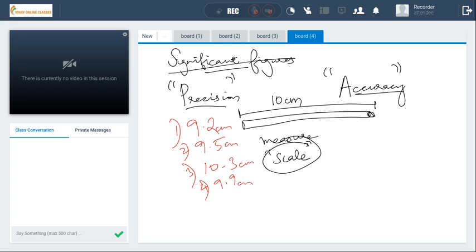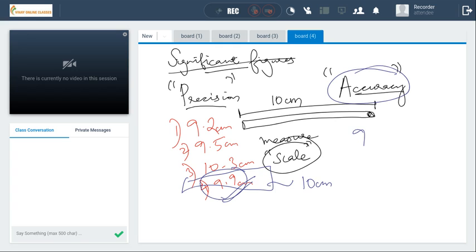So if you have to choose one of these answers, then what would that be? It would be the last one. Why? Because 9.9 would be approximately equal to 10 centimeter. Okay, so you chose this. So this means accuracy.